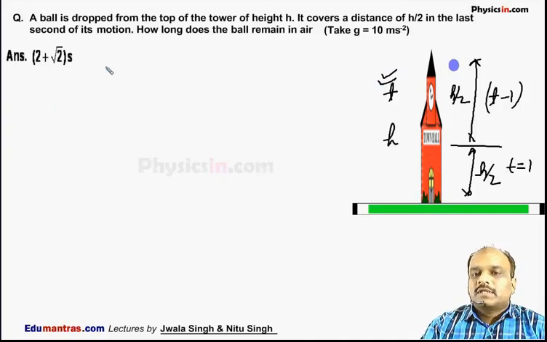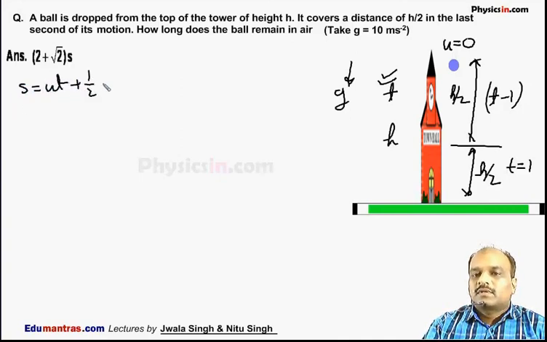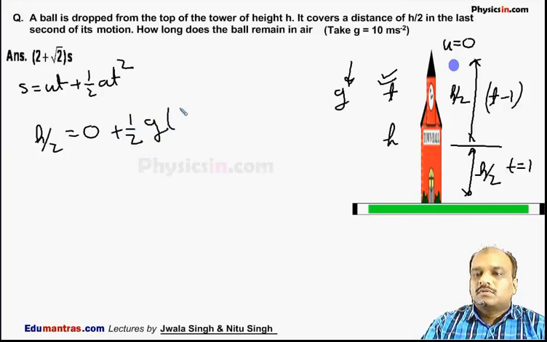So now I can say, let's assume the acceleration due to gravity is g. Since the ball is dropped, its initial speed is 0. So now using the relation s is equal to ut plus half at square, I can say s, that is h by 2 for the first half, is equal to ut, that is 0, plus 1 by 2, that is a, which is minus g, into t minus 1 square.